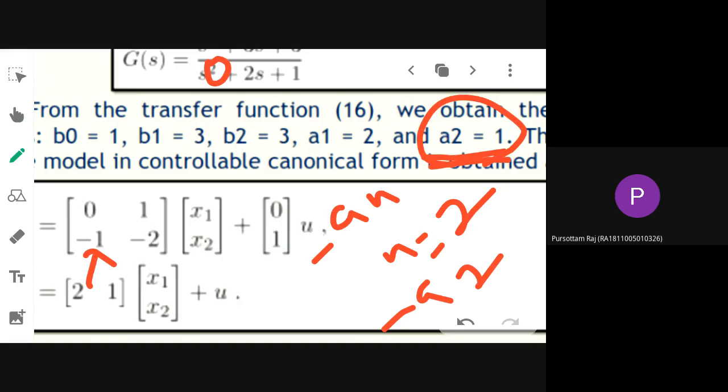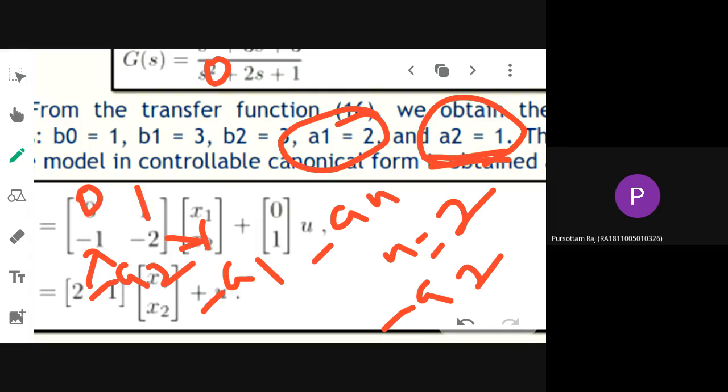So here you are representing this minus A2. And here comes your minus A1, that is n minus 1. So minus 2 you are substituting here. So A matrix is over. And as usual you have to write it as 0, 1. Only the last row alone has to be substituted by the coefficients. Next, as usual here also standard only, 0, 1 you will be having.